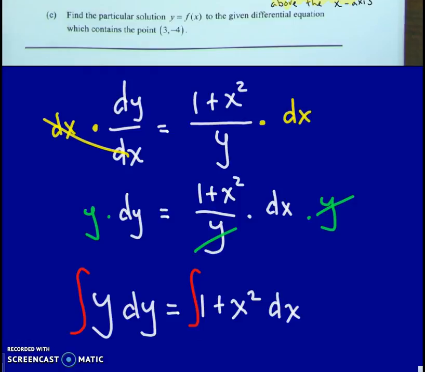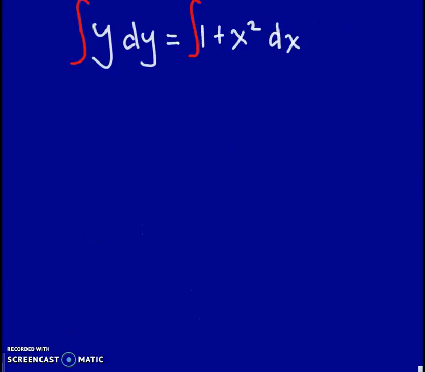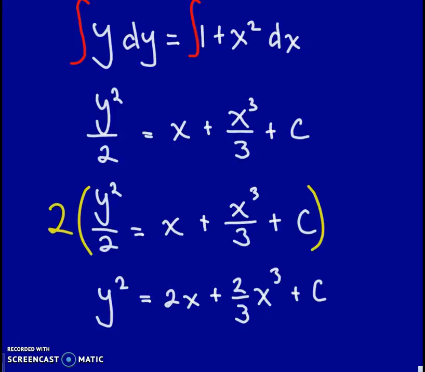Pause the video and keep this going. Remember that there is an initial condition 3 comma negative 4, so we're going to be able to find the value for C. Pause the video and work this out. So far this isn't too bad.